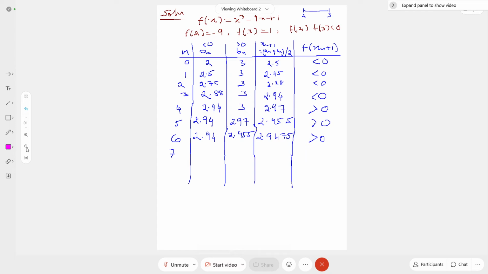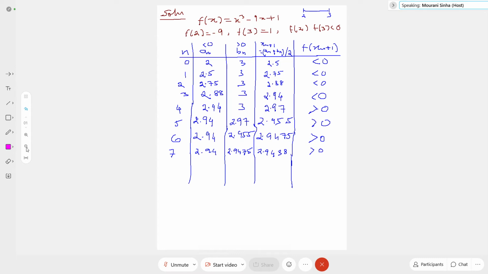Since it is positive, the negative column is the same, so no change here, 2.94. And we have in this case 2.9475, the new value. And the midpoint in this case is 2.9438. And we get a positive here.